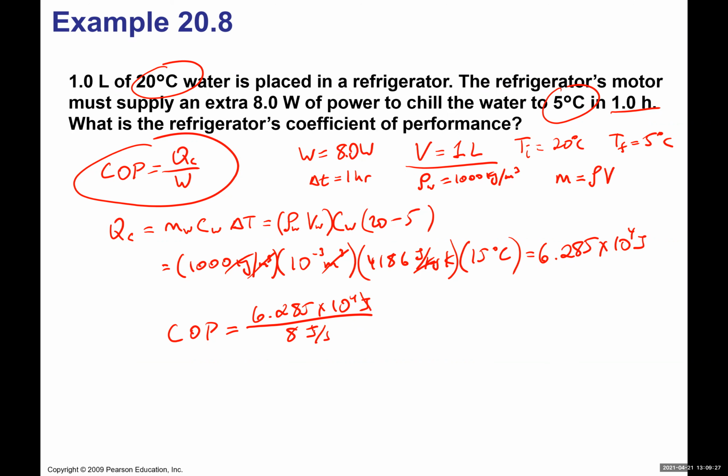So you can see I can cancel the joules, but the units don't work. I need to make sure that I'm talking about all the Q's, let's say QC, in terms of joules per second. Then I divide this by 1 hour because we're looking at it in terms of the delta T as well.